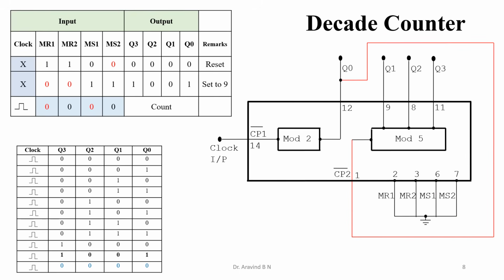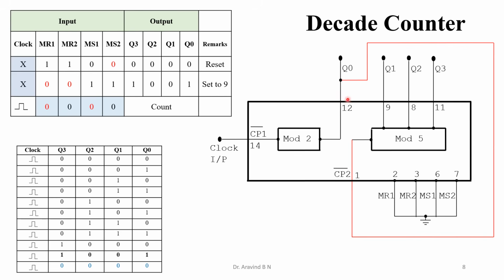Now this is the second step of the circuit rig up. We must have a clock input to the second counter also. The output of the first counter will always act as the input to the second counter. Whenever we are designing any counting operation with 7490, this will be a common connection.